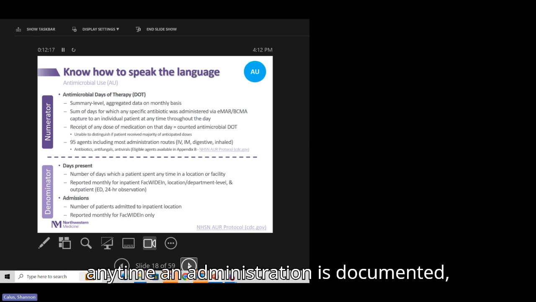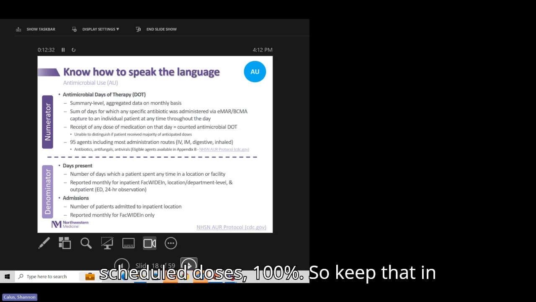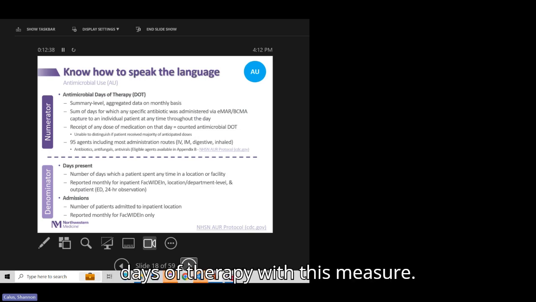So anytime an administration is documented, that would count as a day of therapy, whether it's 1 dose or 10 doses. Any dose of medication on that day is counted as that day of therapy. It's not able to distinguish if they received, again, 10% of the scheduled doses or 100%, so keep that in mind. So we may be over-reporting the days of therapy with this measure.